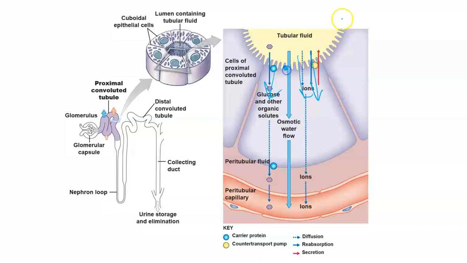There are different kinds of aquaporins. Some of them are constitutively expressed, meaning they're always in the membrane, so water is always able to pass through. There are others that get inserted into the membrane under the governance of various hormones, and we'll look at that difference in a little bit.